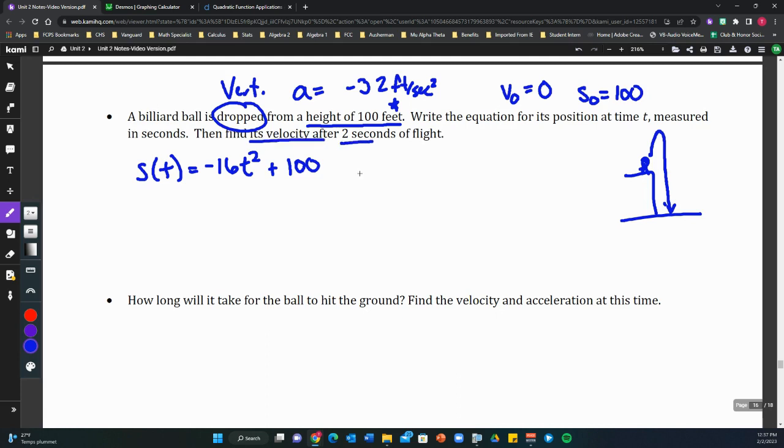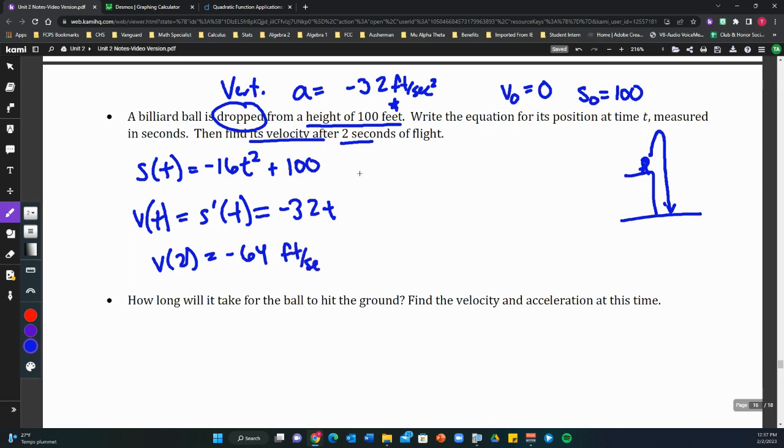Now we want to find the velocity after 2 seconds. That would be v of t, or s prime of t. So we just do our calculus now. I get negative 32t. The constant disappears. So velocity at 2 seconds would be negative 64. And always make sure that we have proper units on here, so this would be negative 64 feet per second.